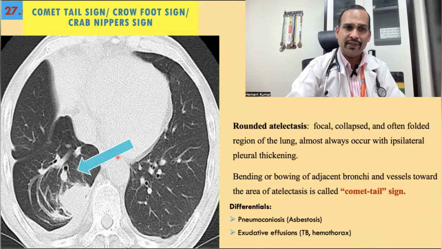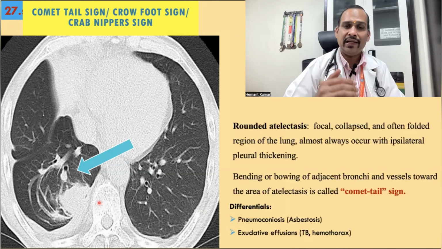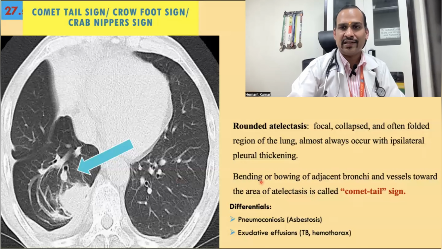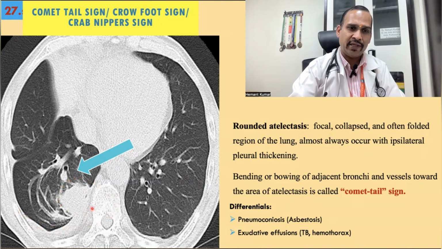Why does this happen? This happens because of round atelectasis. Round atelectasis is seen mainly in asbestosis. There is a focal, collapsed, and often folded region of lung, which always occurs with pleural thickening. So pleural thickening is there, and this lung folding is there.